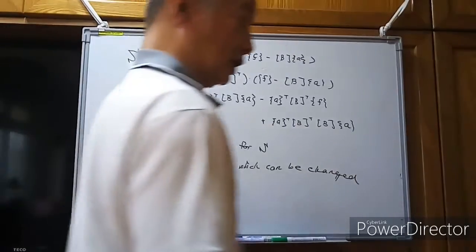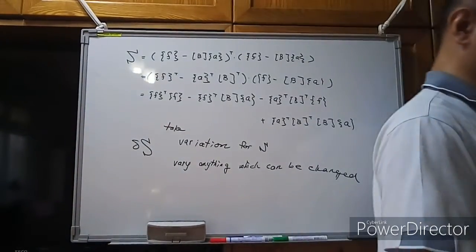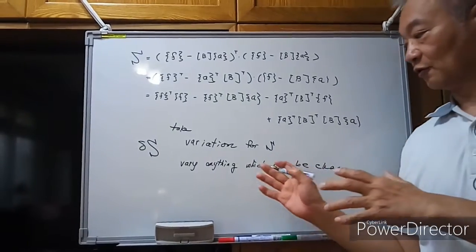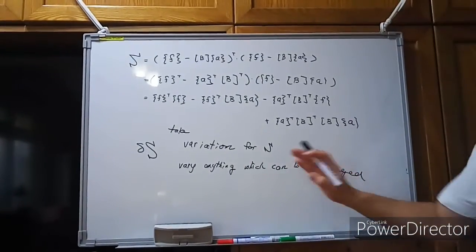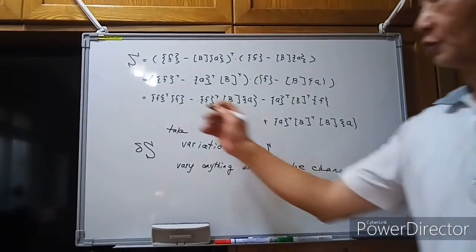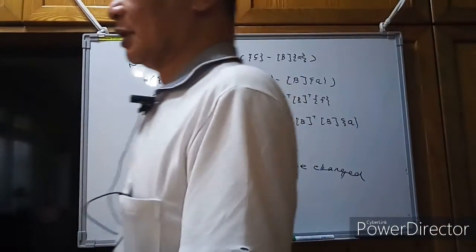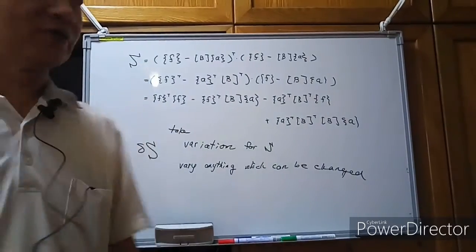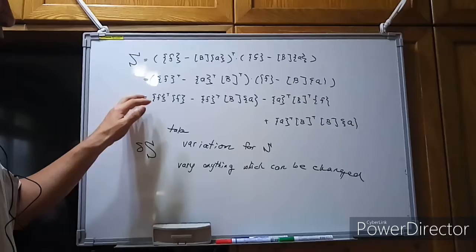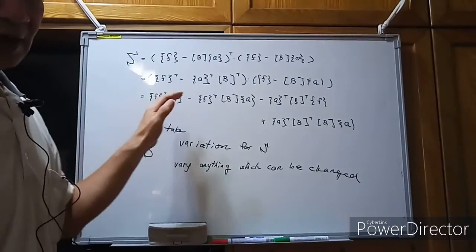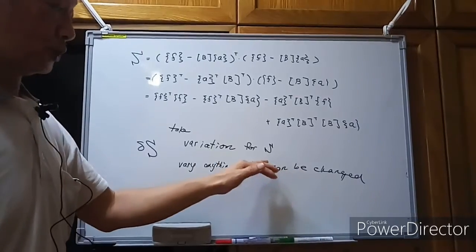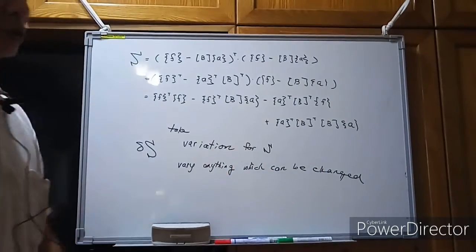First, the concept of the variation method: we will change the values for everything which can be changed. Okay, so we will check the target function capital S, and let's check which one can be changed.